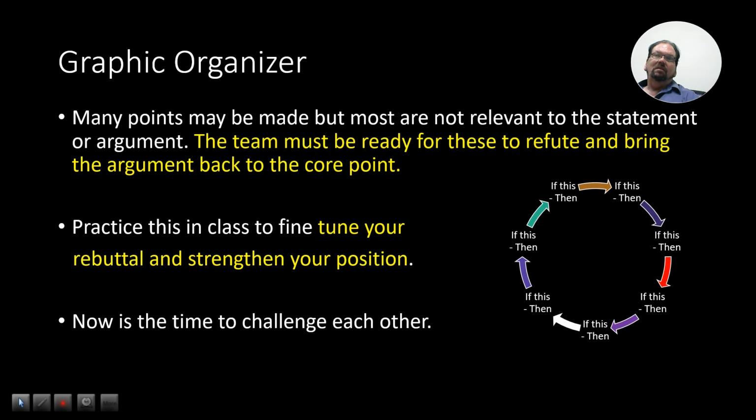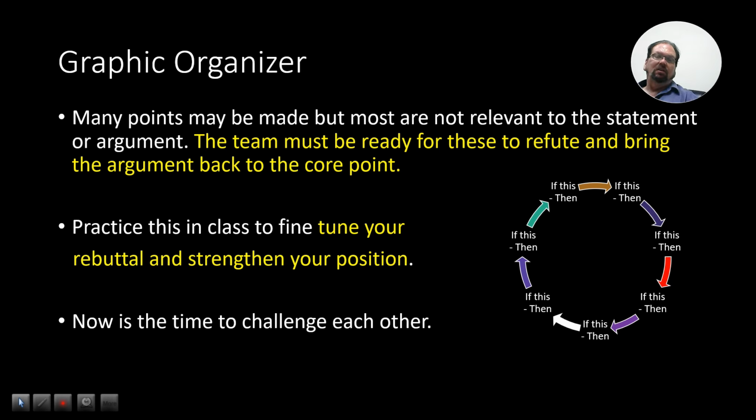Many points are made, but not relevant to the statement. That is the danger, always the danger. The team must be ready for these to refute and bring the argument back to the core point. Bring it back. They want you to go off this way and get distracted.